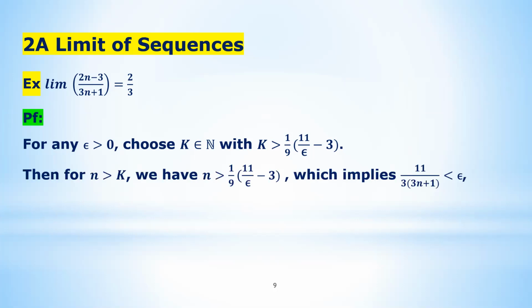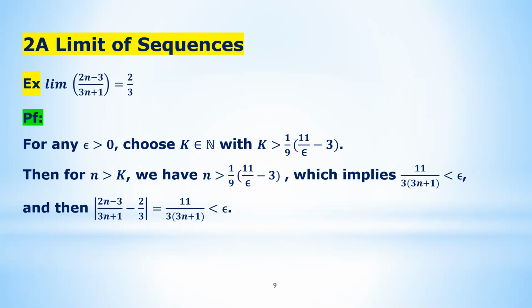And then you see that for n greater than k, we're going to have n greater than 1/9 times (11 over epsilon minus 3). Okay, and then basically you're going backwards, the backwards of the previous calculation. And this inequality, where n is greater than this, will imply that 11 over 3 times (3n + 1) is less than epsilon.